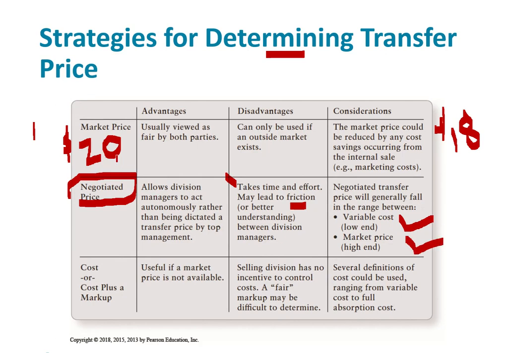So let's say the market price is $20 and the variable cost is $12. Negotiation might be, well, we'll make the transfer price $16.